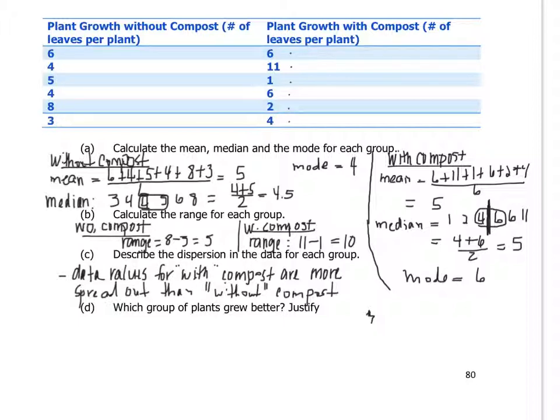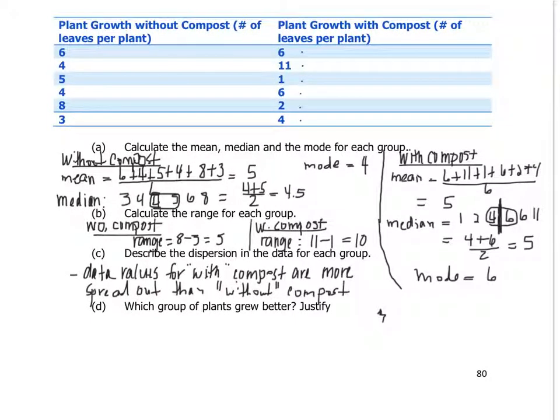So when we look at which group of plants grew better, there's a couple of things you can consider there. But when I'm looking at the data, I'm thinking that the without compost seemed to grow a little better because there weren't any real low values as there were in the with compost. There were values of 1 and 2 in with compost, whereas the lowest value in plant growth without compost was 3.